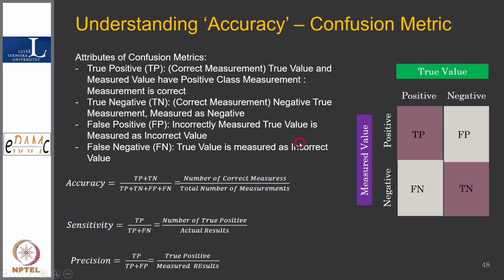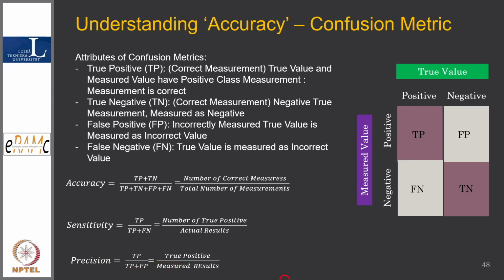Sensitivity is TP, that is positive correct value, divided by the actual value, TP plus FN. This domain was there, which was correct, and I found in TP. So sensitivity was there for the correct decision. Okay. Precision is TP, that means this parameter. Both are correct, measured also correct, divided by TP plus FP.